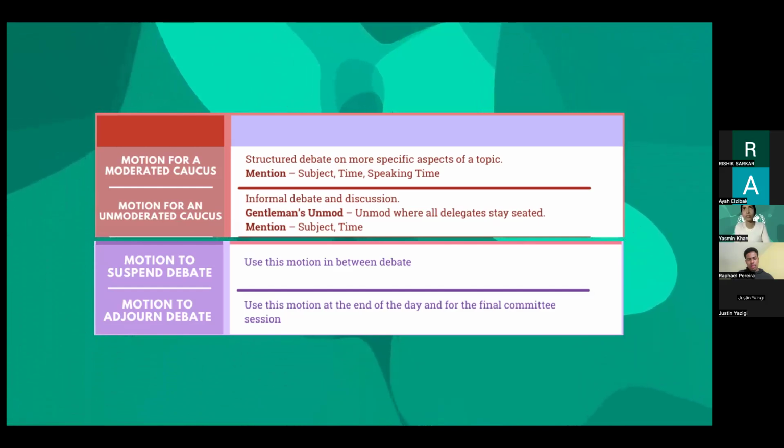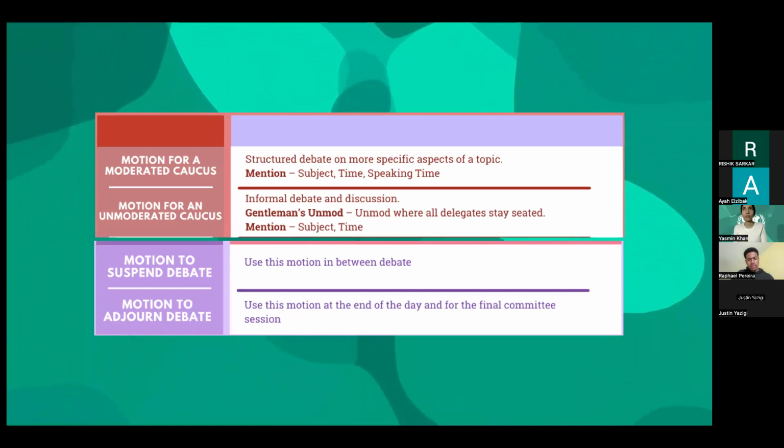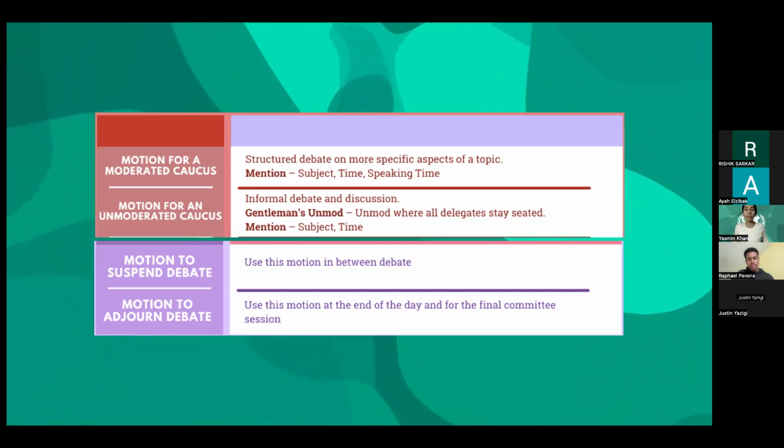Just keep in mind that when you do motion for things, even though the chair is not voting on that motion, the rest of your room is. So you're going to have to motion for something that everyone else wants too, right? It's kind of like you're trying to understand what the vibe is. What does everyone want right now?